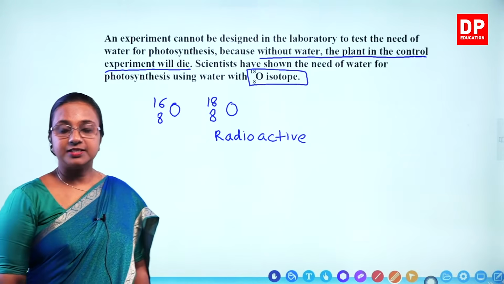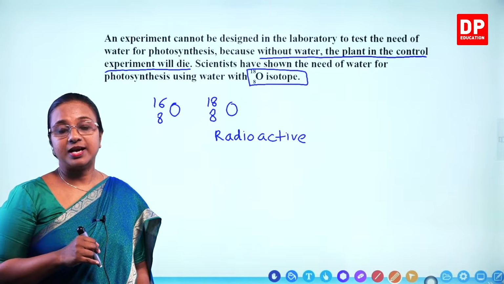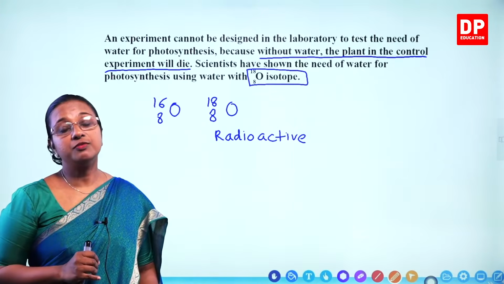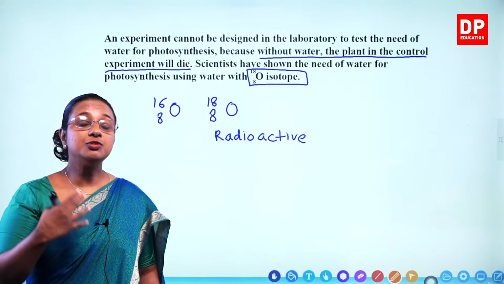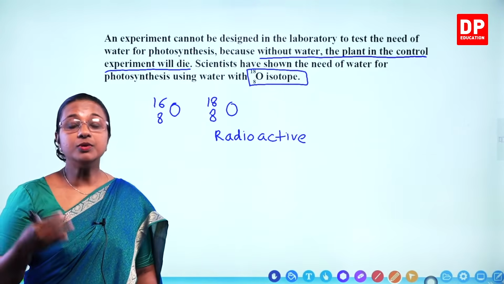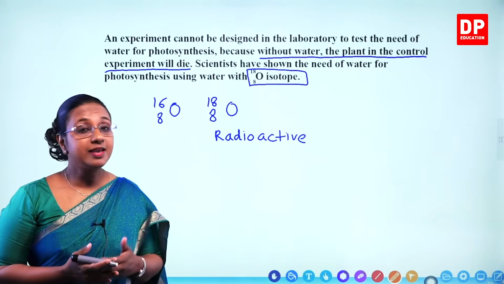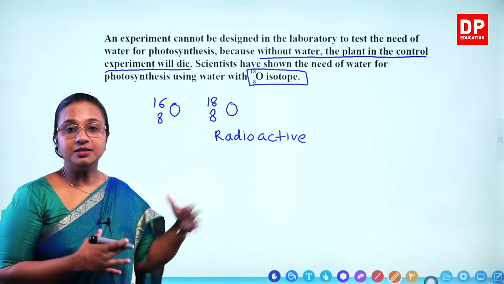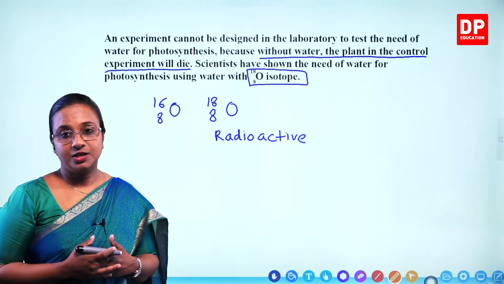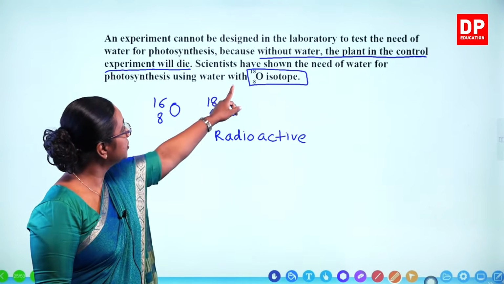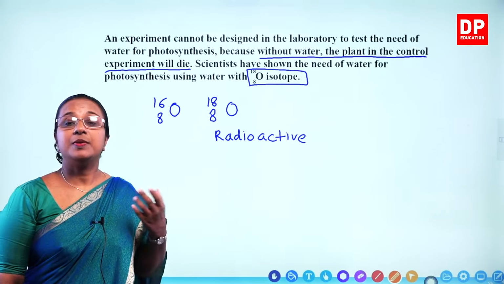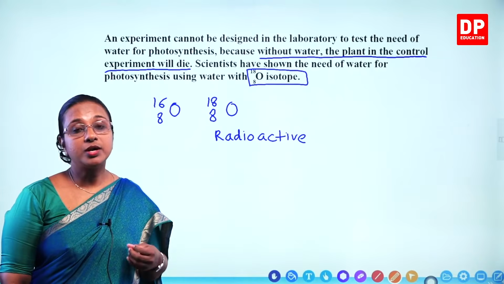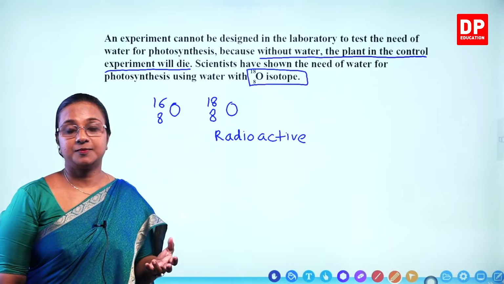Because of this radioactivity, by monitoring the radioactivity, scientists were able to show that water is necessary for photosynthesis. And they were able to do more research into how the process of photosynthesis takes place in a plant leaf. But that is not necessary for our subject content. So just remember that by using 18,8 oxygen, which is an isotope of oxygen, scientists were able to show that water is needed for photosynthesis.